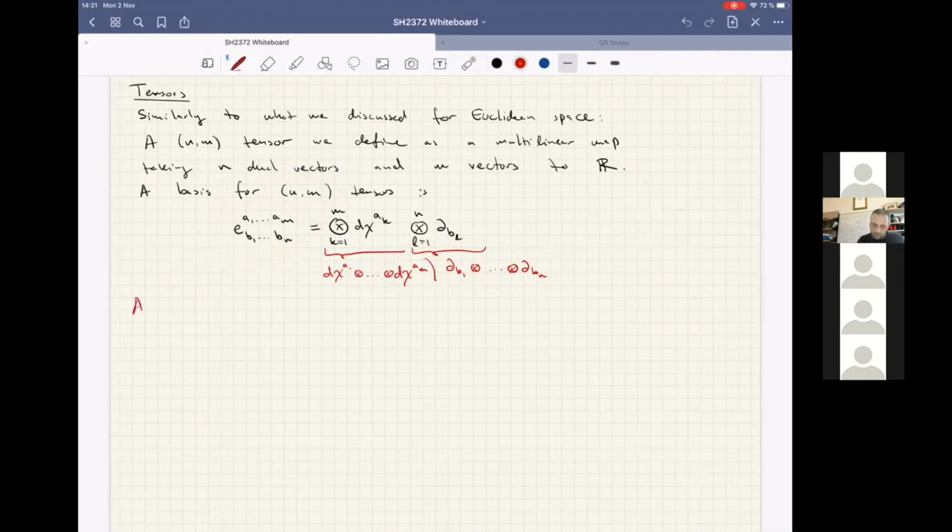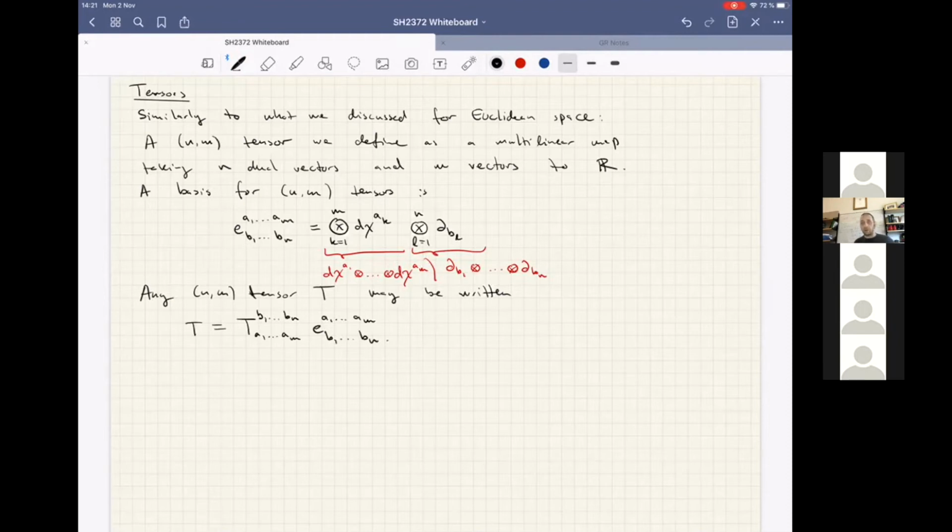So any nm tensor T may then be written T equal to T^(b1...bn)_(a1...am), multiplied by this basis, E. And again, here we have the Einstein summation convention, so all of the indices are summed over.